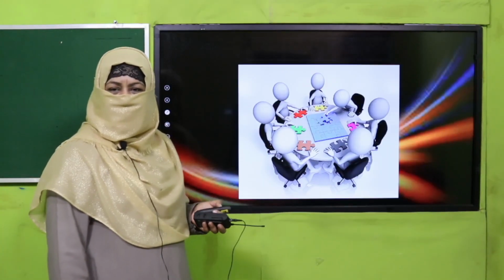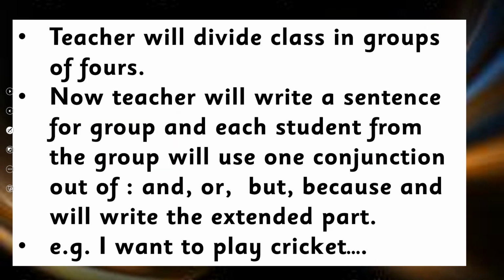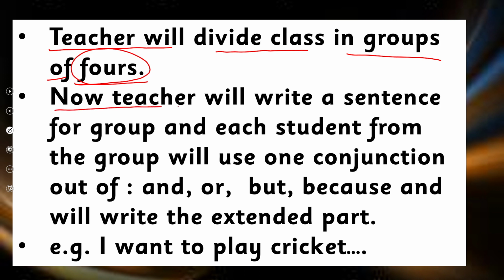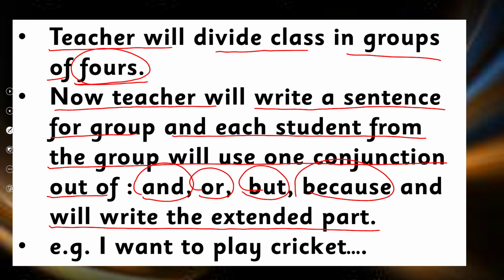Okay, so let's practice it through an activity. What are we going to do? Your teacher will divide the class into groups of 4. Okay, 4 groups you will make. Every group will be of 4 students. Now the teacher will write a sentence for the group and each student from the group will use one conjunction out of and, or, but, because, and will write the extended part.